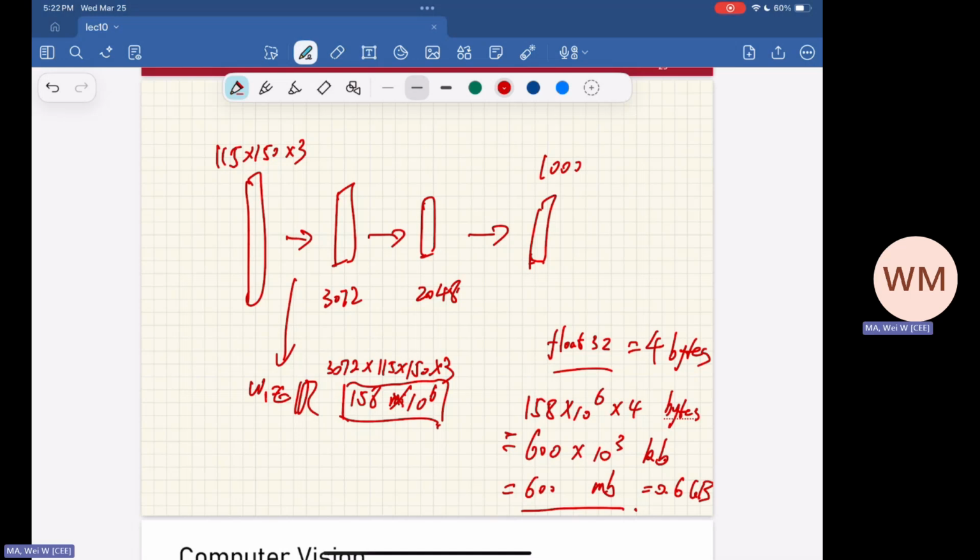You can see that this single matrix already takes 0.6 GB in your computer. It's already very large, right?